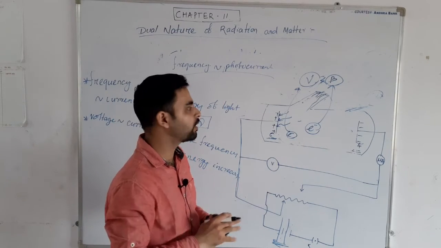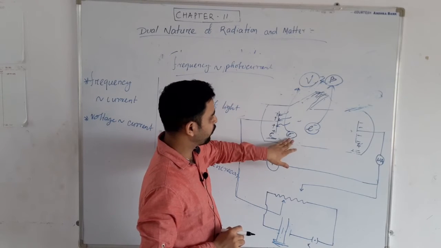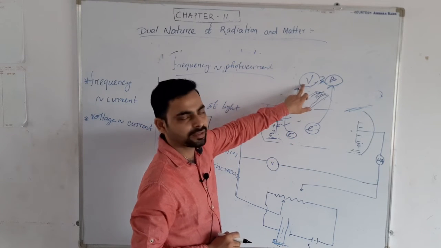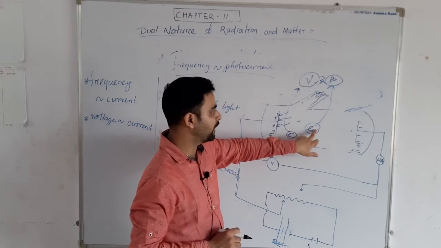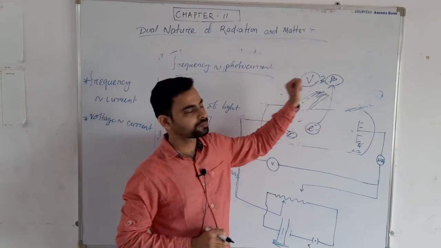What I am saying, again repeating it, I have two electrons. One electron emitted by this violet color, one electron emitted by this beta color.